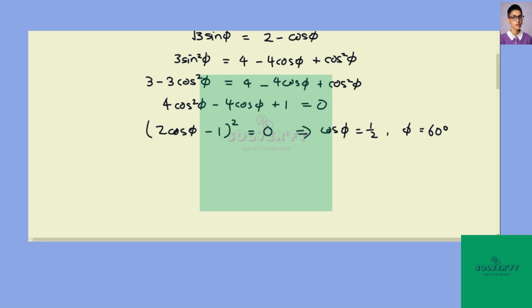Going back to the theta dot equation, when theta equals 30 degrees, phi equals 60 degrees, and we know that phi dot is equal to 4.